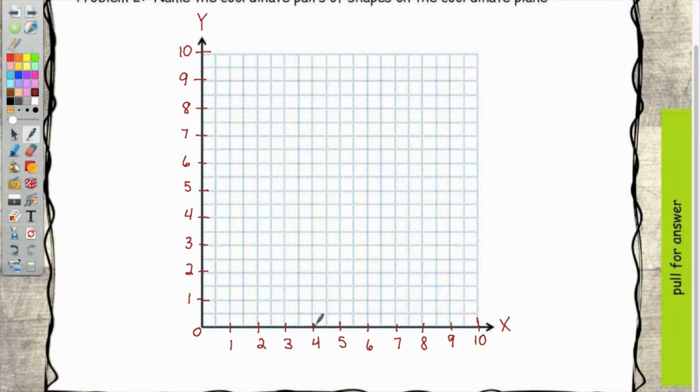Then, it's kind of like yesterday when we had to meet in the middle. But you're going to meet where those two lines intersect. So 4, 3 would be right where 4 and 3 intersect. And you're going to put a square there. Now the square needs to be right where that perpendicular line is, to the best of your ability. Okay?